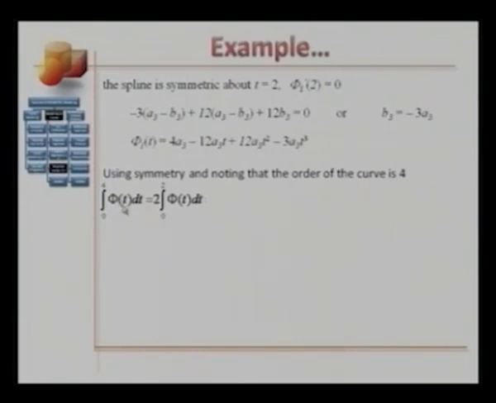Now, since the spline is symmetric, I can write this equation as 2 times integral 0 to 2 phi(t) dt, which is equal to 2 times integral 0 to 1 phi 0(t) dt plus 2 times integral 1 to 2 phi 1(t) dt.